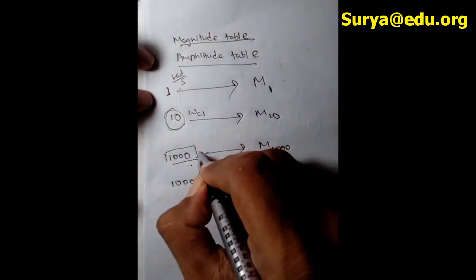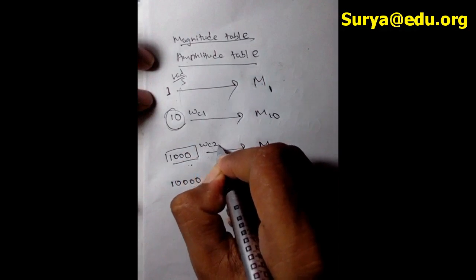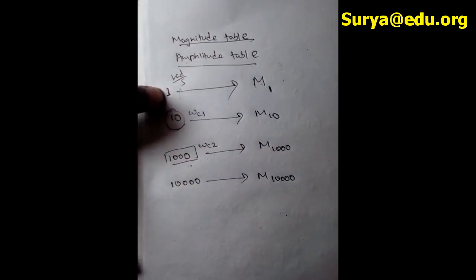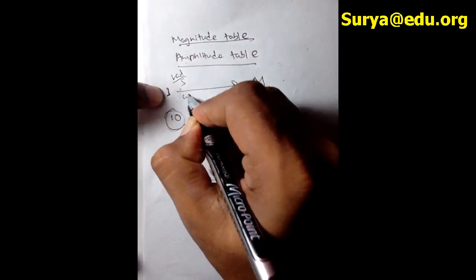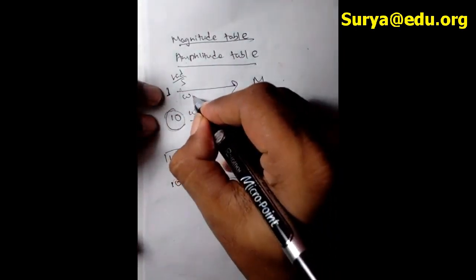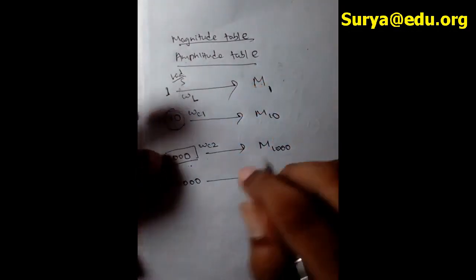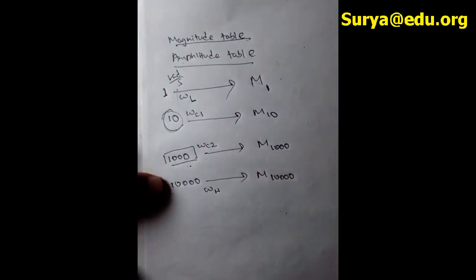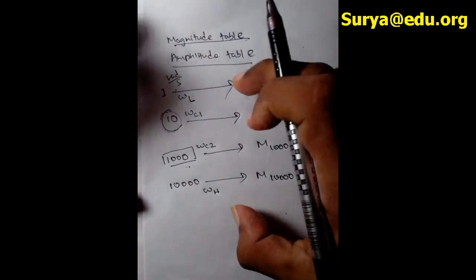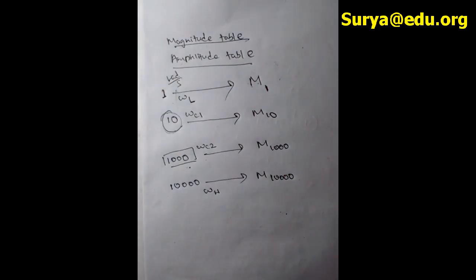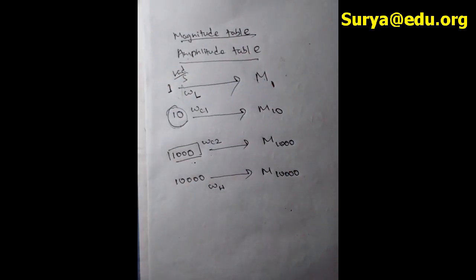And to this one I will put omega c2. This is the extreme lowest, so here we will put omega L, that means omega low. Let's put capital L. And this is the extreme highest, so let's put omega high. Very easy. So now we need to find the respective magnitude for that. Okay, so now let's see how to find that.